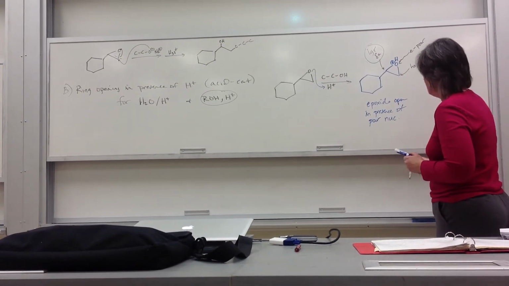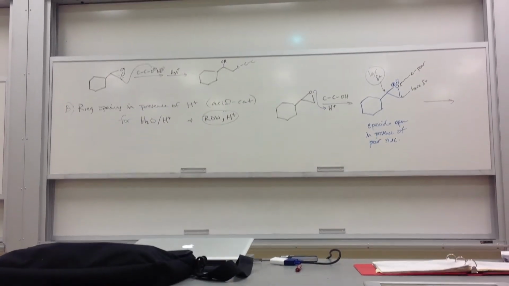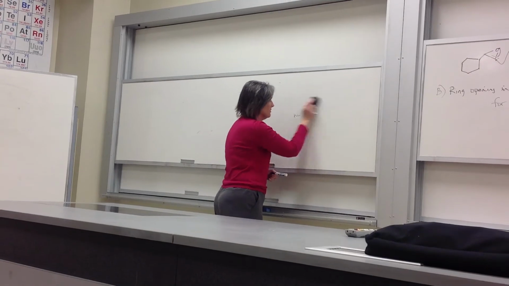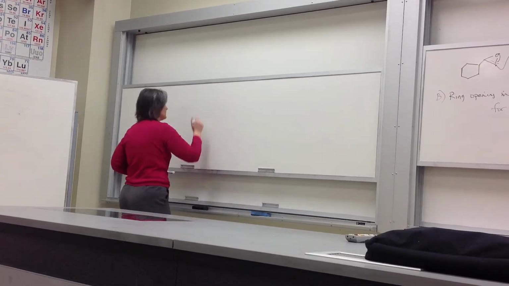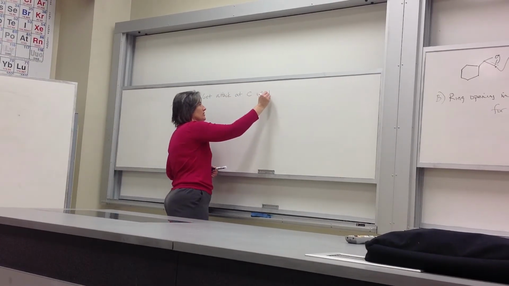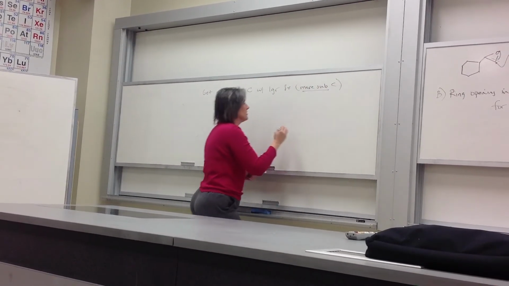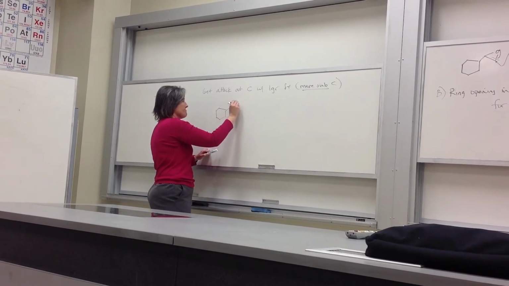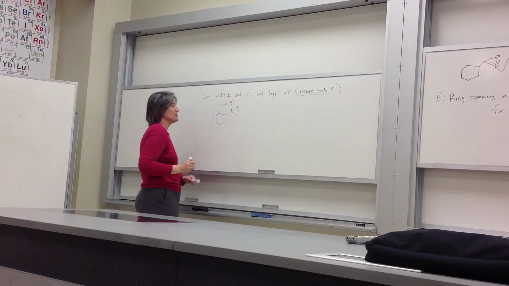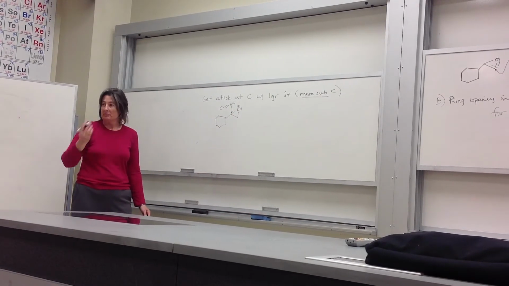So let's get kind of cluttered. Let's go over here. I'm going to redraw that. So we're going to get attacked at the carbon with the larger delta plus, which is the more substituted carbon. What are we using? Ethanol, right? So the ethanol attacks right there. And I forgot the key part. There we go. The ring pops open.